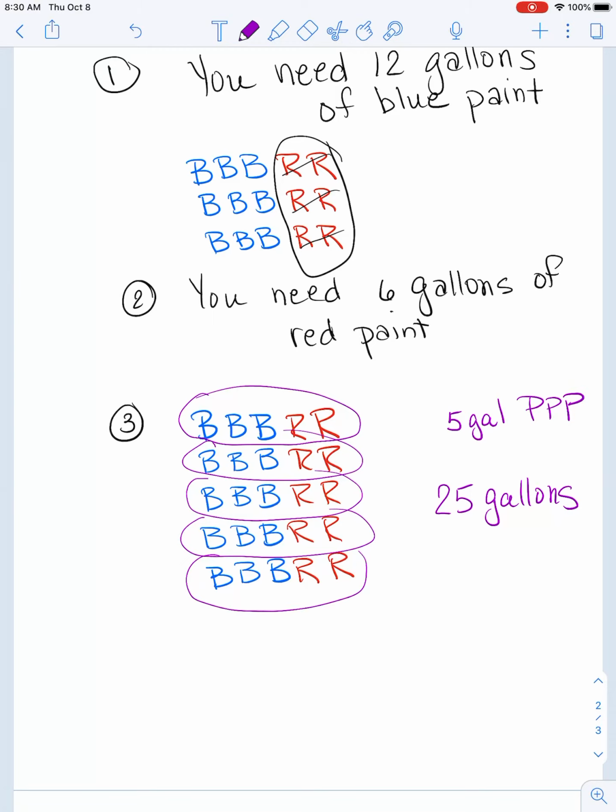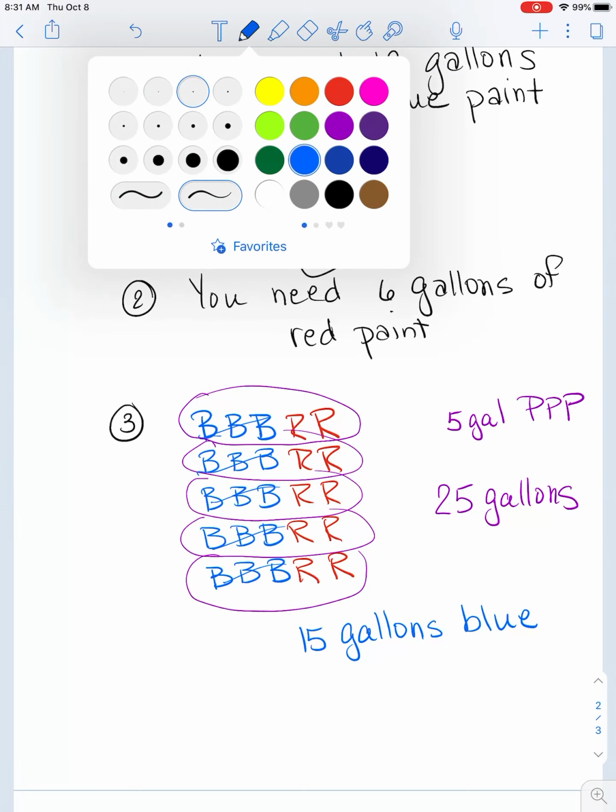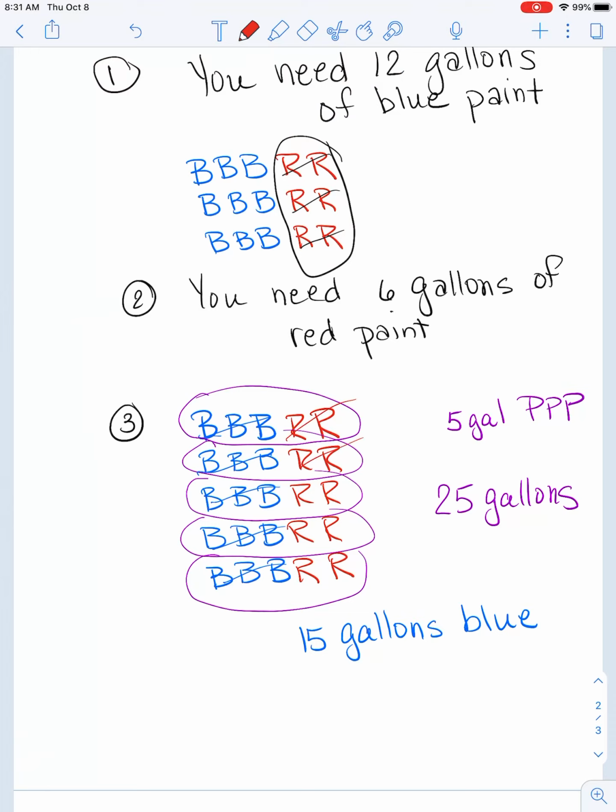Okay, and the question is, how much red would you need and how much blue? Let's do blue first. So we have 3, 6, 9, 12, 15. So we would need 15 gallons of blue, and we would need 2, 4, 6, 8, 10 gallons of red.